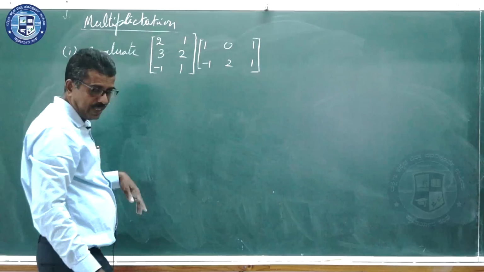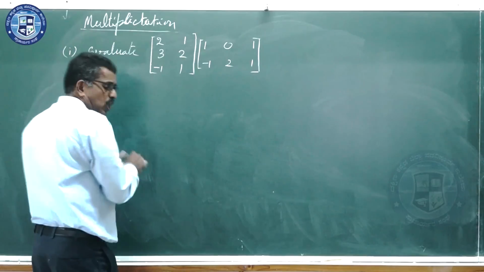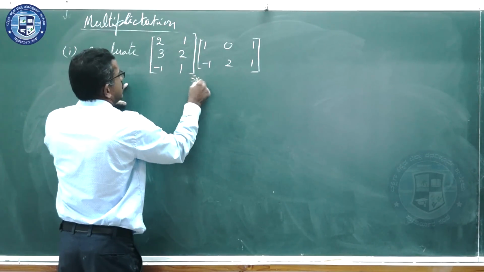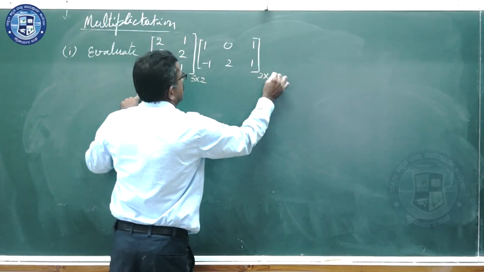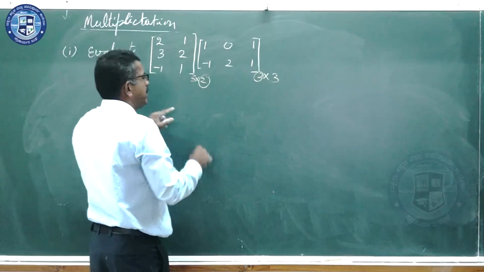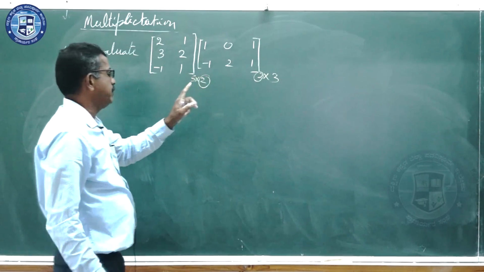Okay. Now these 2 matrices are to be multiplied. What is the order of this? The order of the matrix, 3 cross 2. This is 2 cross 3. Clearly this 2 is equal to 2 here. They are eligible, and the resultant matrix must be of order 3 cross 3.